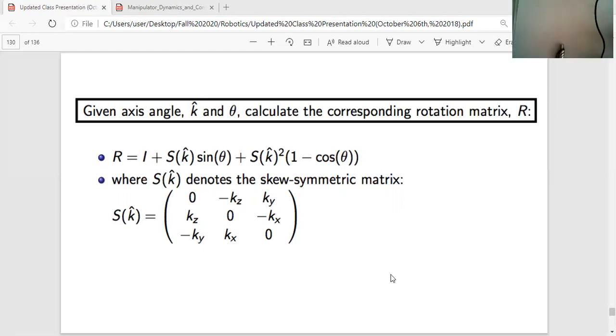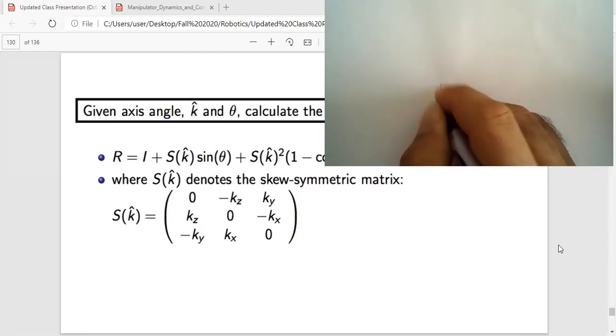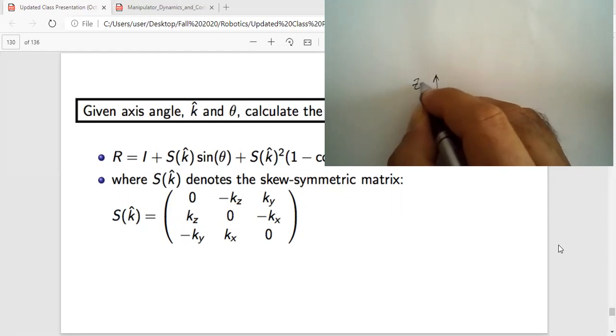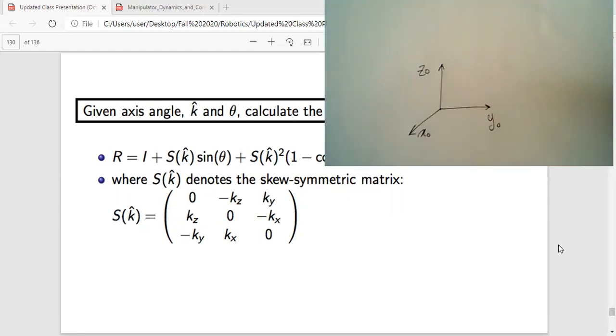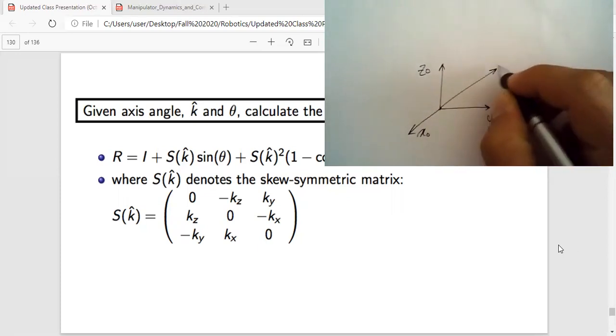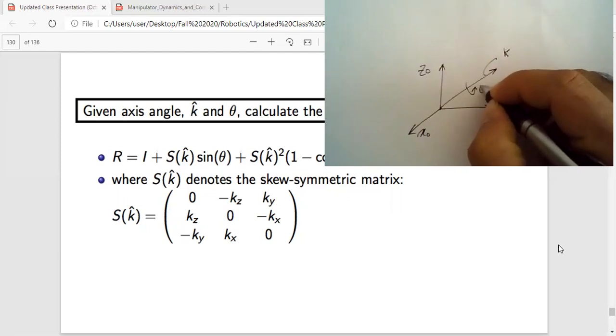So let me draw that for you guys here. Here, what we're saying is that we have some base frame, X0, Y0, and then Z0. And now I'm imposing some rotation by a vector K. So this is my vector K, and I'm rotating by theta.